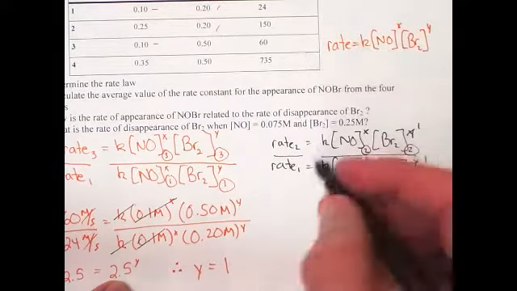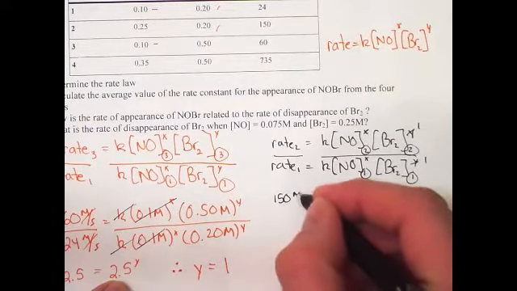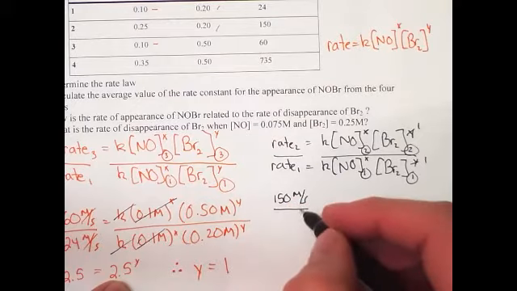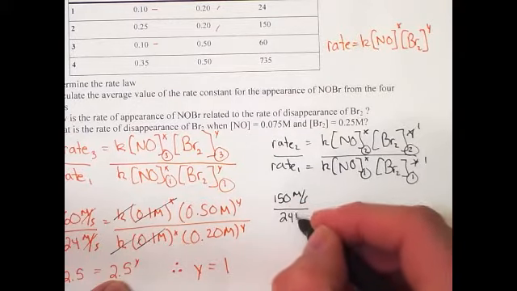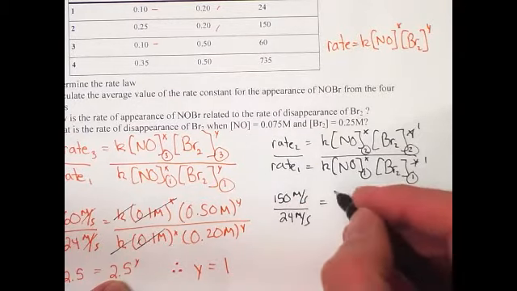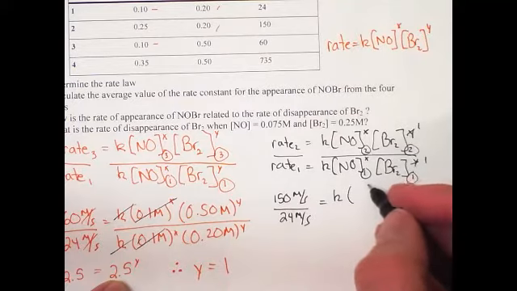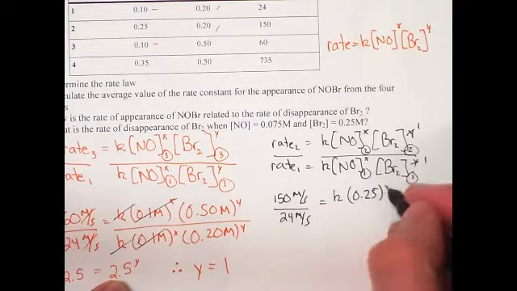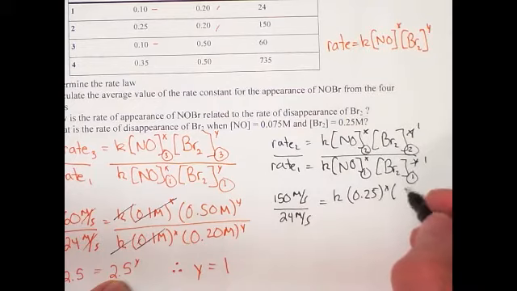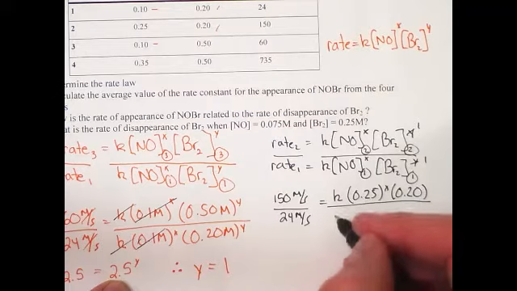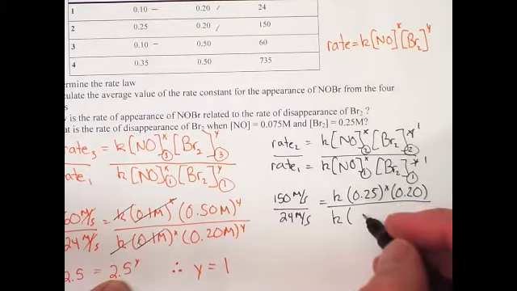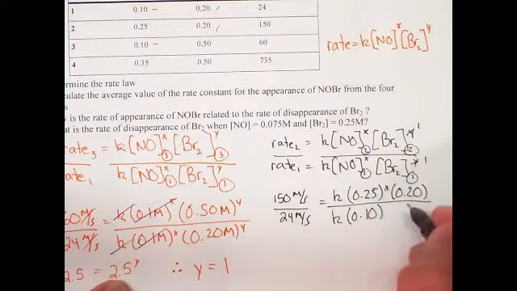Rate 2 is 150 molars per second. Rate 1 is 24 molars per second equals k, 0.25 to the x, 0.20 to the 1. k is 0.10 to the x and 0.20 to the 1.